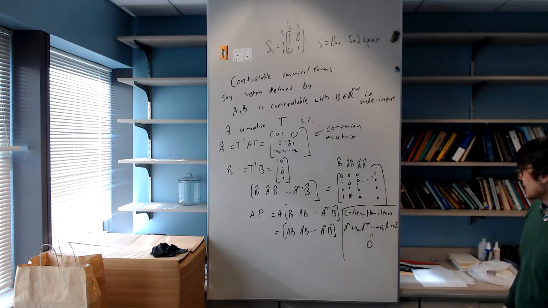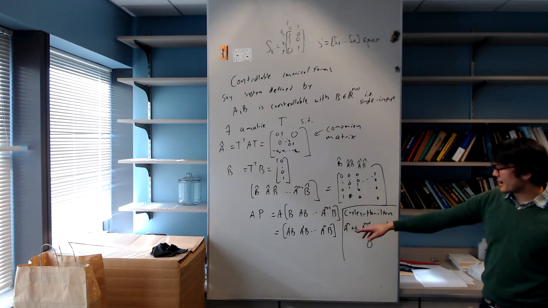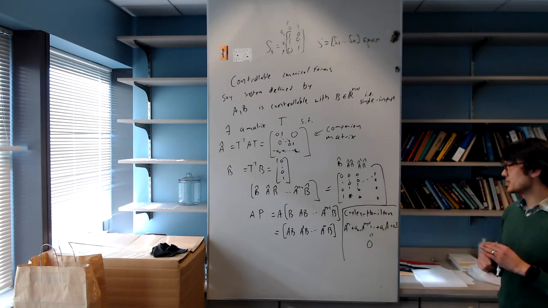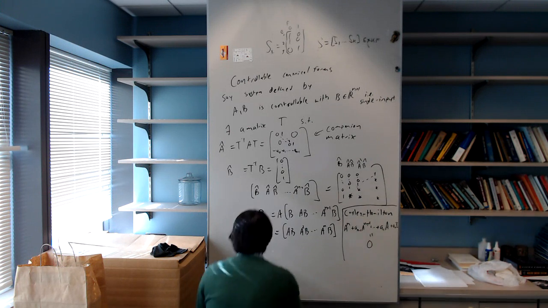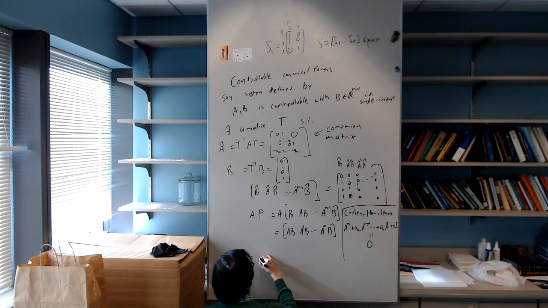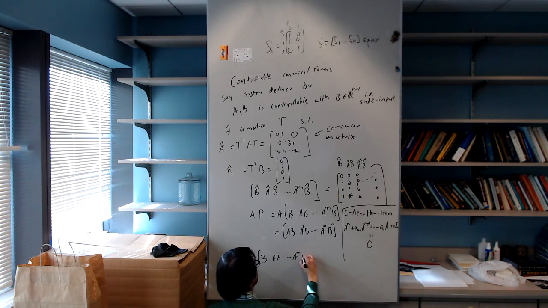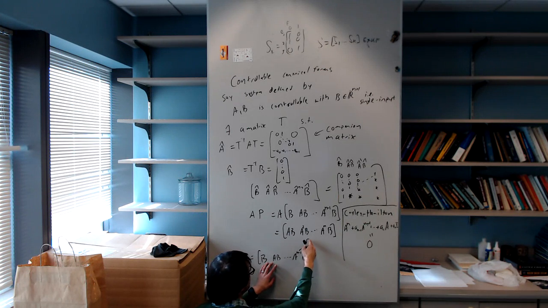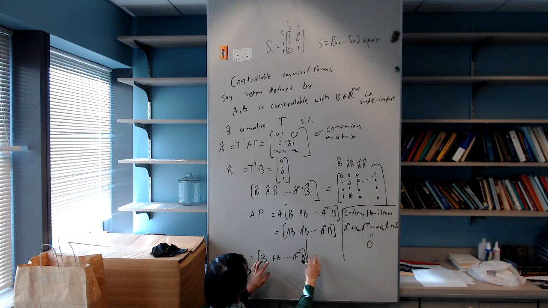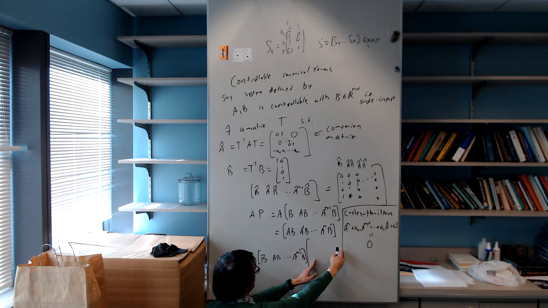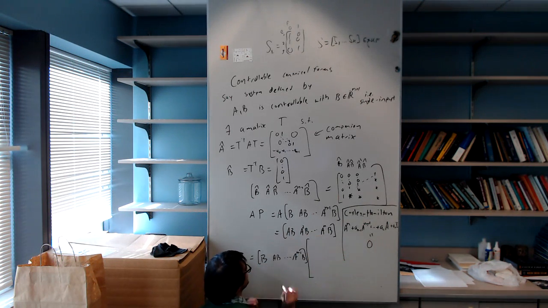All right? And so I'm going to use this fact to rearrange this a little bit. This thing is actually equal to B, AB, up to A^(n-1)B, times a matrix that I'm going to pull off to the right over here. Let's see what this has to be. I'm going to figure out what I have to hit over here to get this matrix.